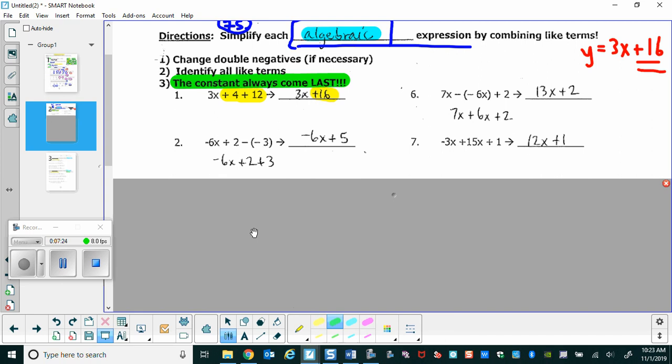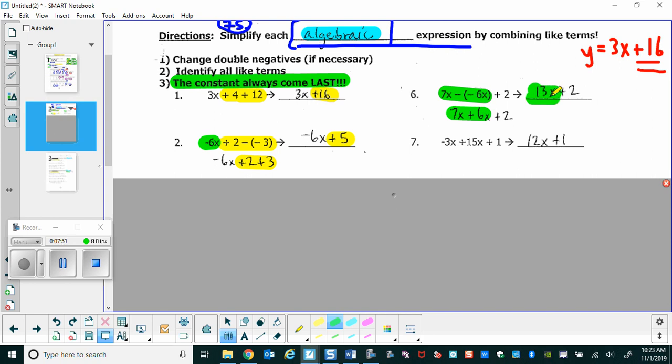Now for number 2, we have a -6x. There's nothing that we can group with that. And now we have a 2 minus -3. And 2 minus -3, y'all, is really the same as 2 plus 3. So that's where I got my +5. Okay? Now over here for number 6, we have 7x minus -6x. And so when we subtract the negative, 7x's plus 6x's becomes 13x's.